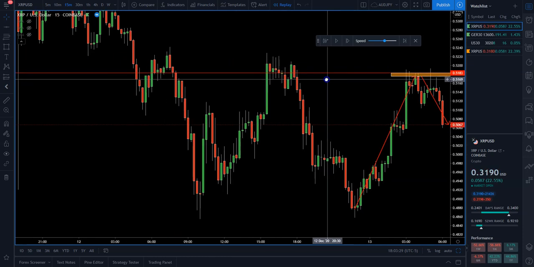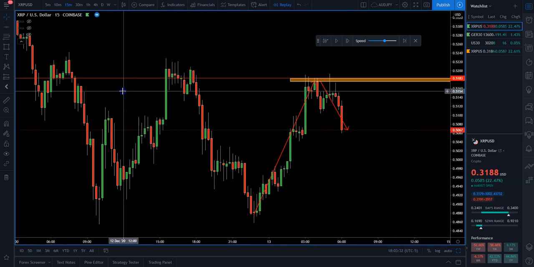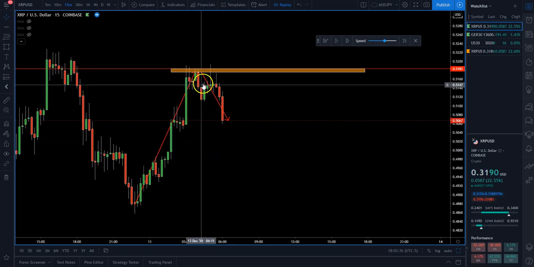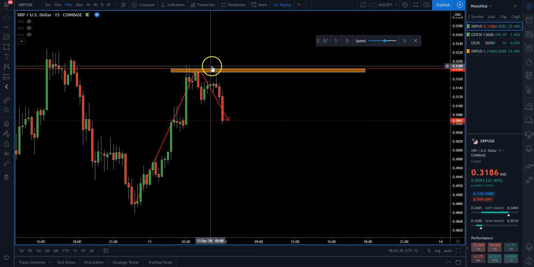Even right here, it's been a tough zone throughout the entire chart. So after this got rejected, it pushed down.